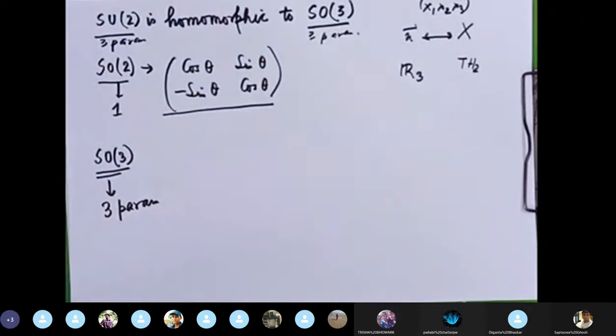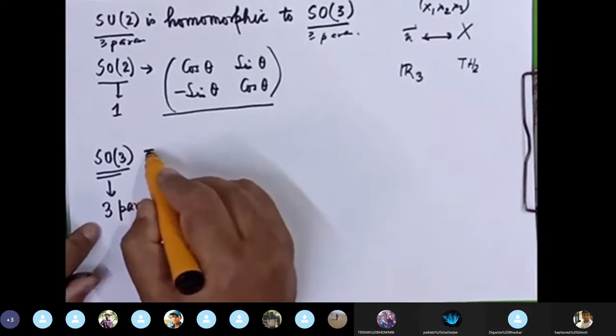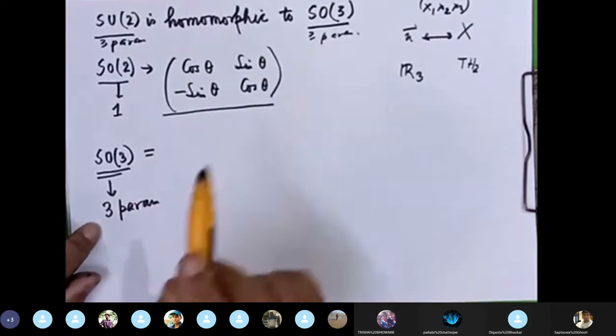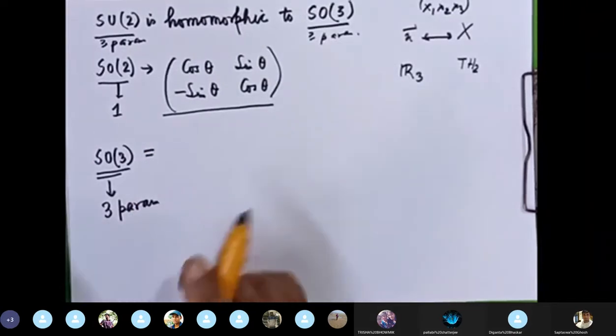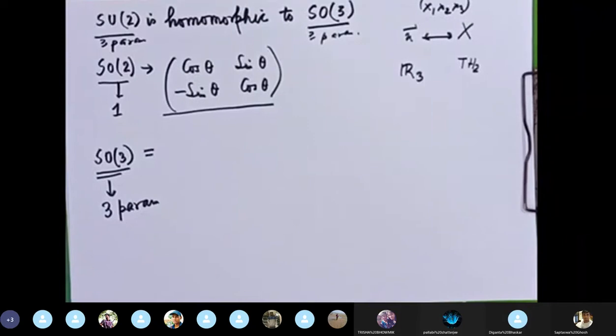The thing is, let's see this first. You need 3 parameters to write an SO3 matrix. Now SO3 matrix is a rotation in 3-dimensional space that you have geometrically ascertained. Now you can think that any rotation in 3-dimensional space, just as you did in the study of Euler angles, suppose you have an XYZ axis.